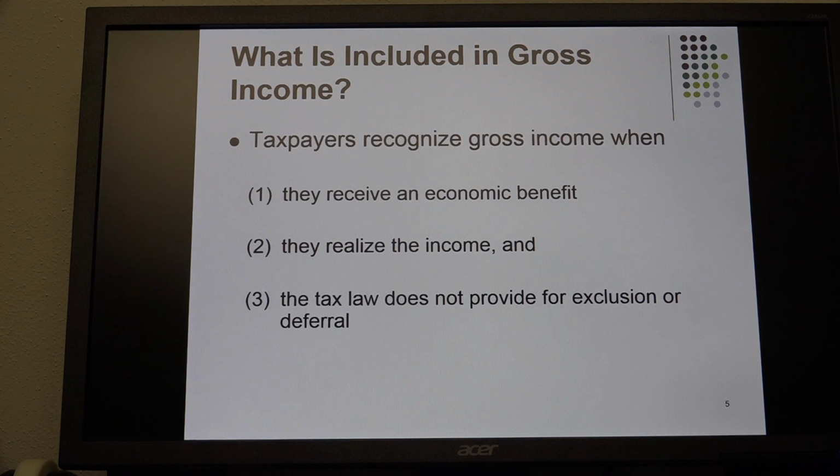And of course, recognition, if the tax law does not provide any sort of exclusion or deferral, the realized income must be recognized.